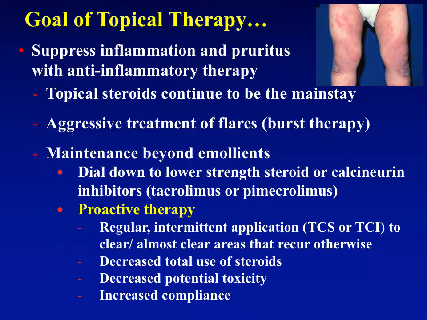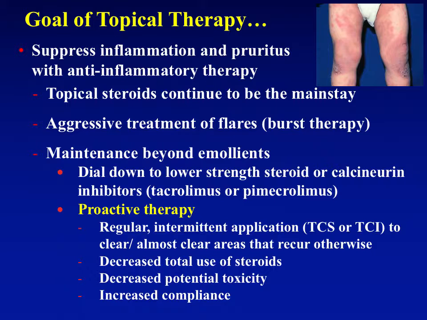But what we're doing more of is this aggressive therapy, like what we might call burst therapy. When I have a new patient who comes in, it can be horribly severe, and I will tell them for 2 weeks, occasionally I'll go 4, to use a class 2 steroid and just get this thing wiped out, stop this cyclic process, and then we can see what we need to do.